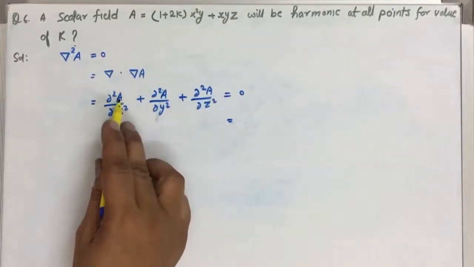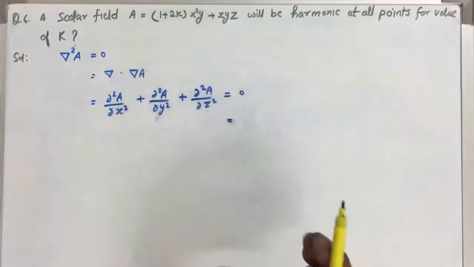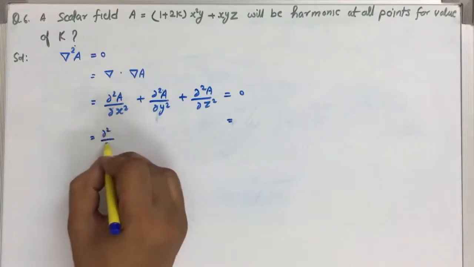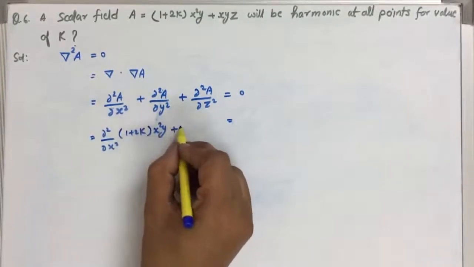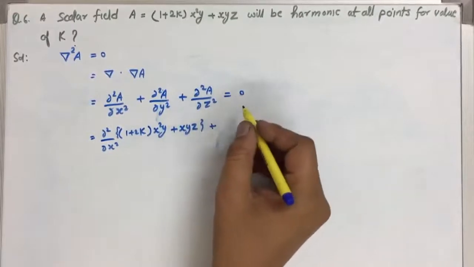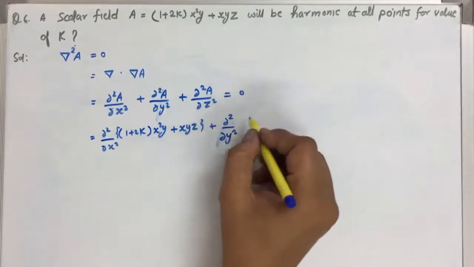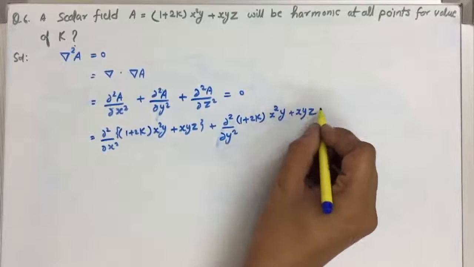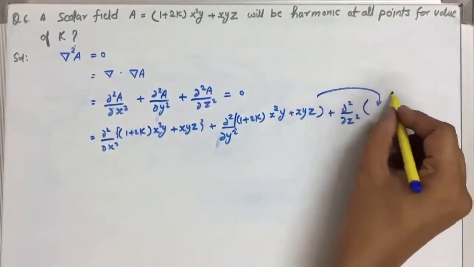Now the double derivative of this with respect to x will give you 2xy. Put the value of A: del square by del x square of (1 plus 2k)x square y plus xyz, plus del square by del y square of (1 plus 2k)x square y plus xyz, plus del square by del z square, will give you 0.